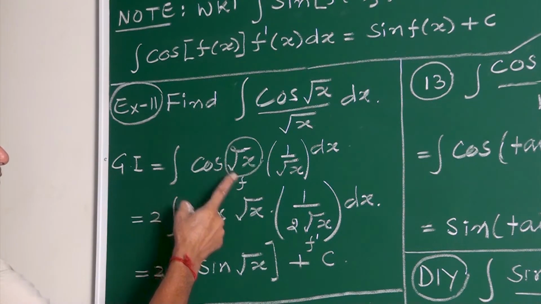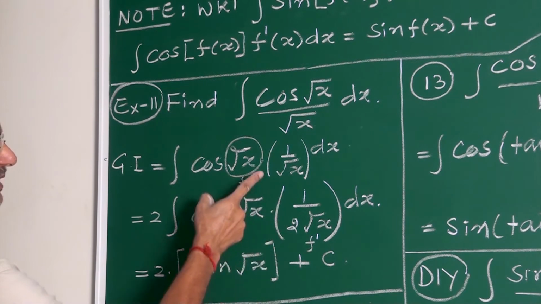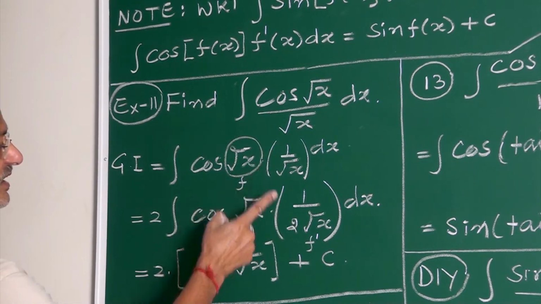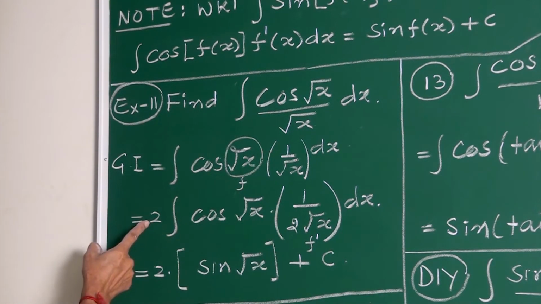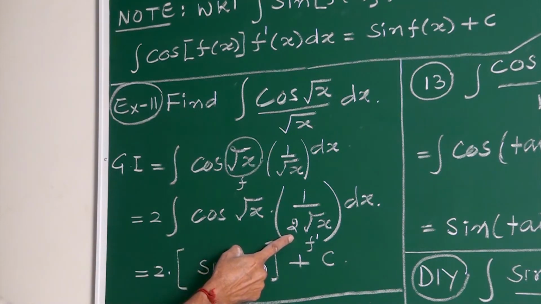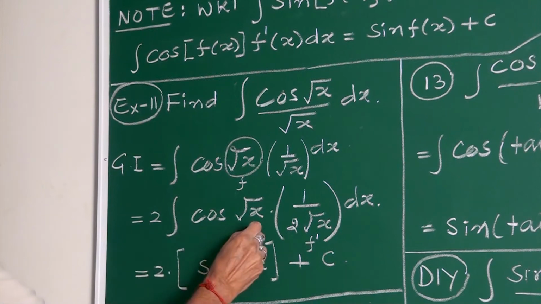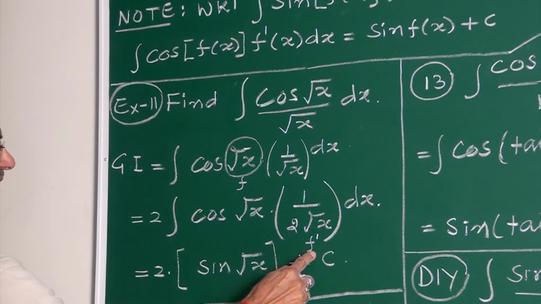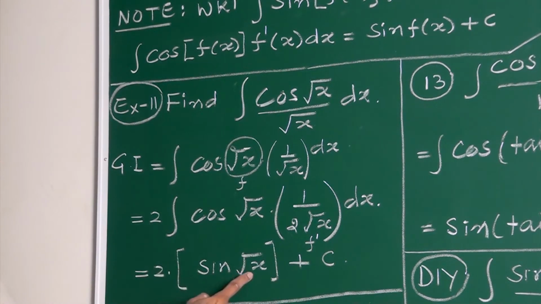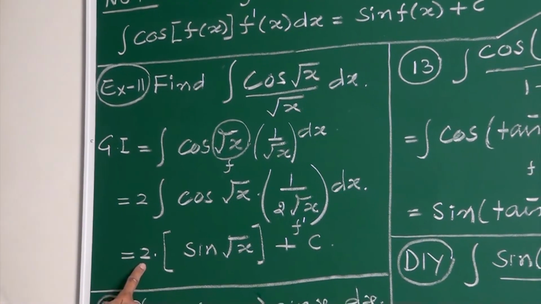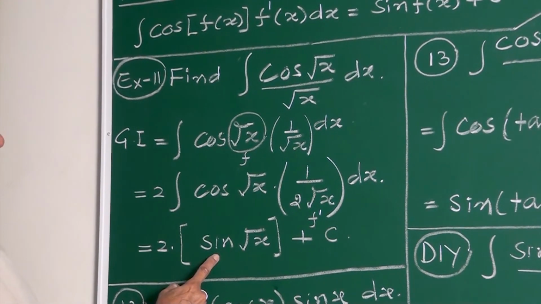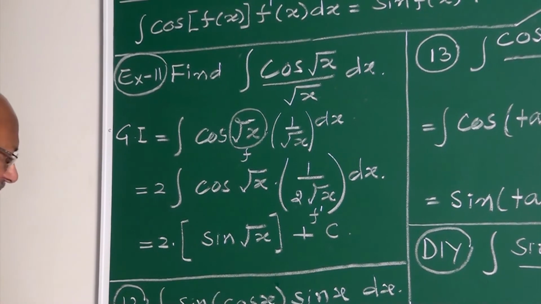But here, this 2 is not there. You take this 2 and adjust it: 2 is down, adjust in the numerator. Therefore it becomes 2 into cos f into f dash. Integral of cos is sin f plus c. It is 2 sin root x plus c.